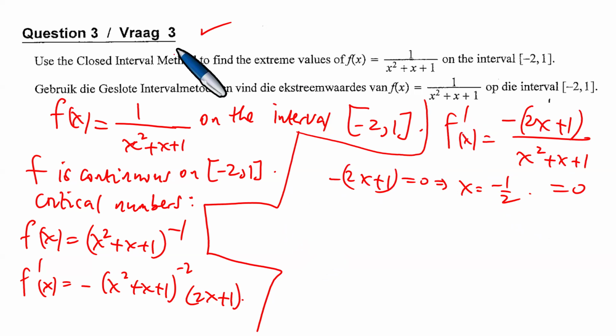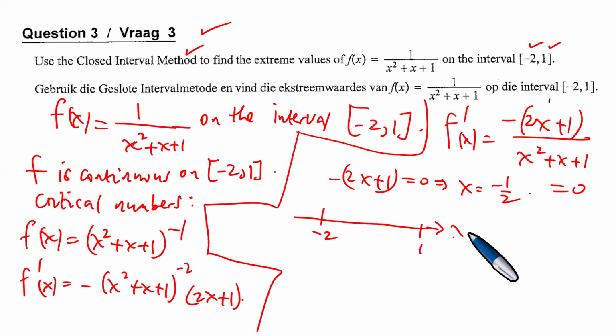Because we're using the closed interval method, and we have a critical value that lies between minus 2 and 1, an intermediate value, minus 1/2. So you go on and substitute into the function, and you have the following.